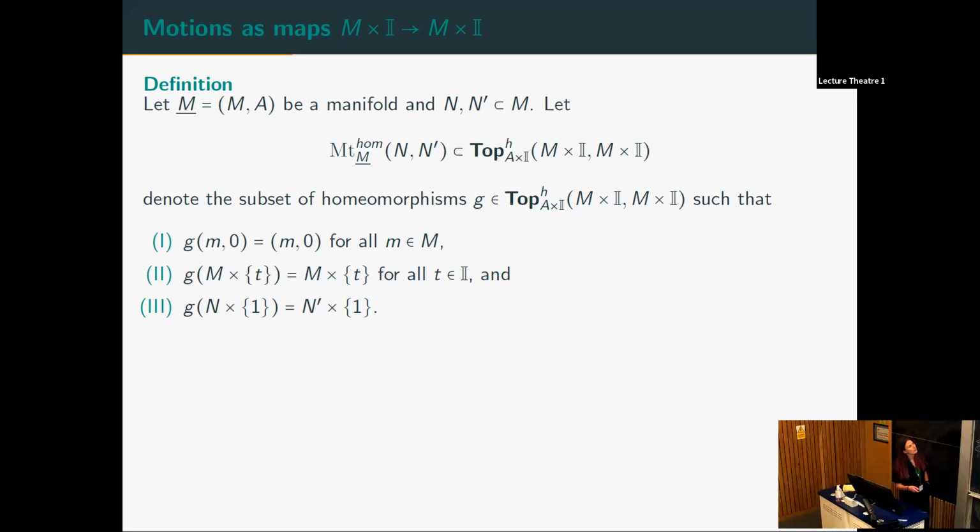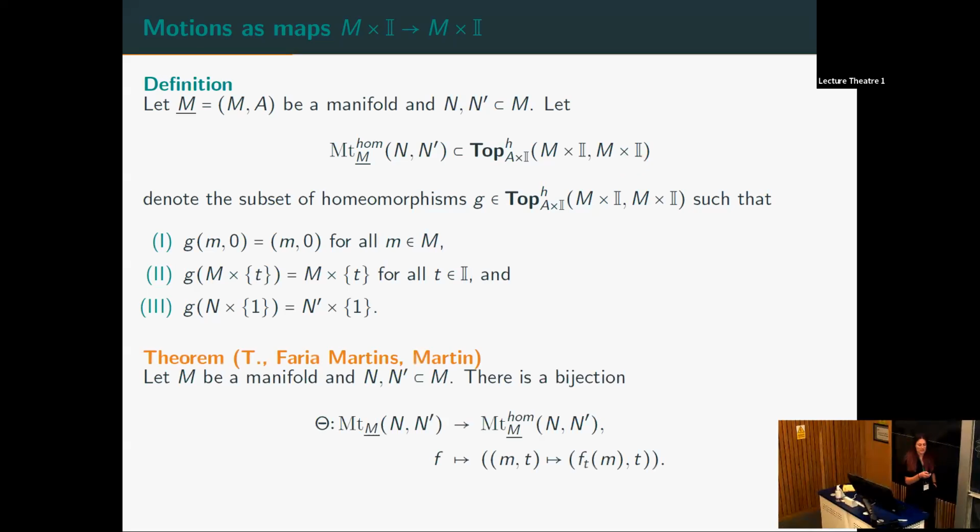If we similarly pick the same pair we had of M, A and subsets, then I'm going to define this M superscript hom from N to N prime to be the subset of homeomorphisms M cross I to M cross I, which fix A cross I, such that at t equals 0, it sends M to M0, for any t it preserves M, and at the end, when t is 1, it sends N to N prime.